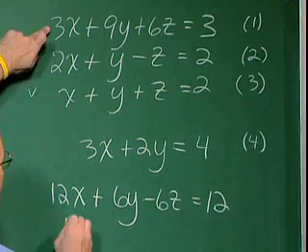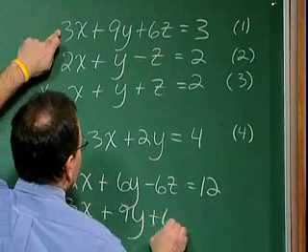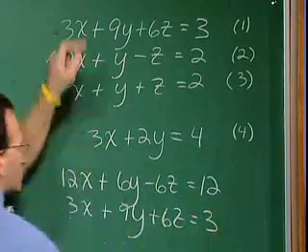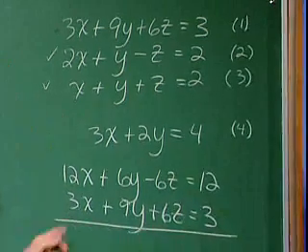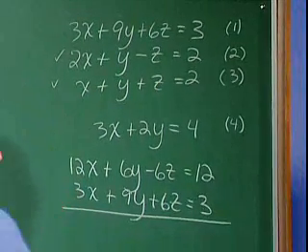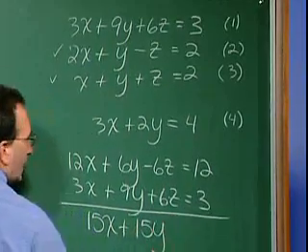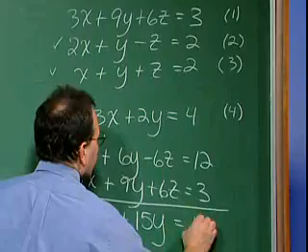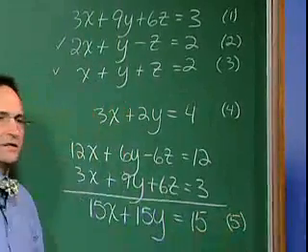And I am going to add equation number 1 to that. And that's going to give me 15x plus 15y equals 15. And I will refer to that as equation 5.